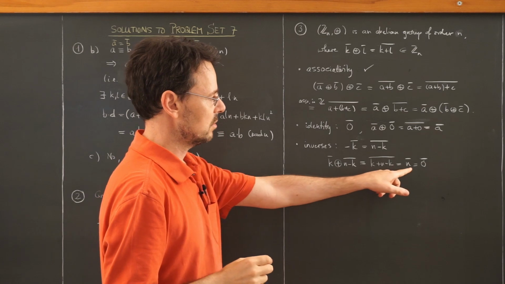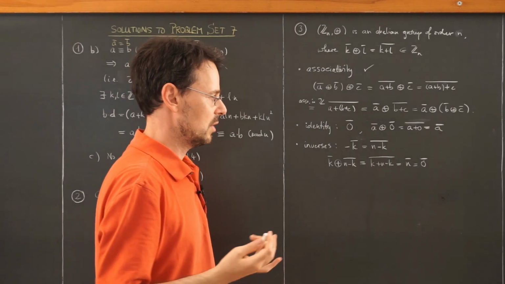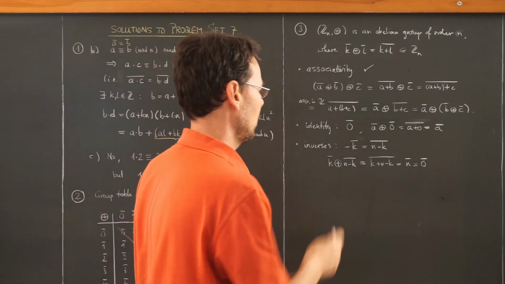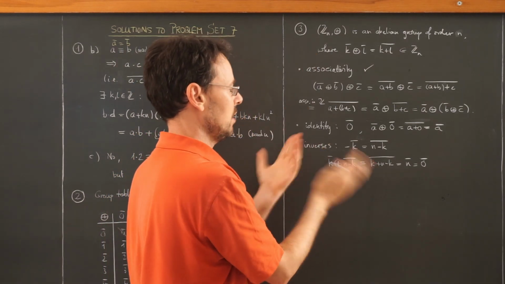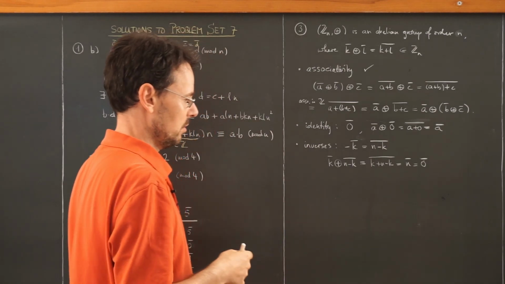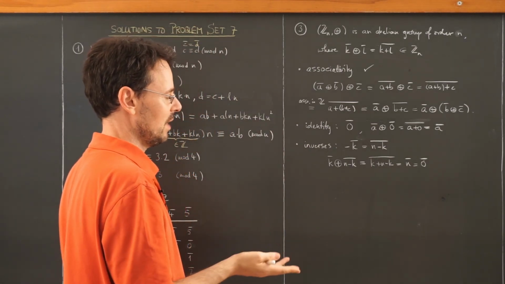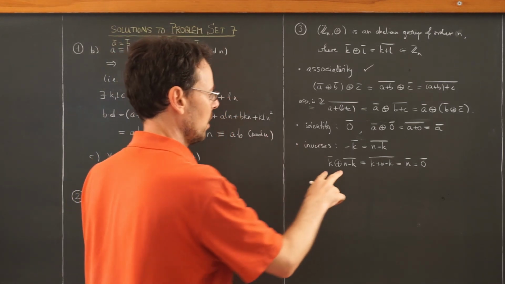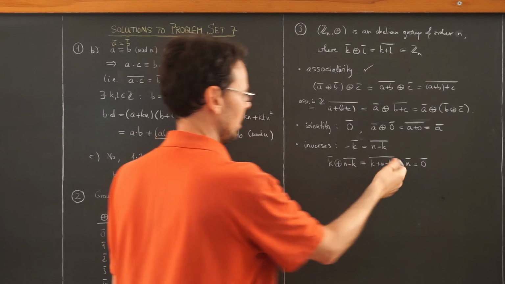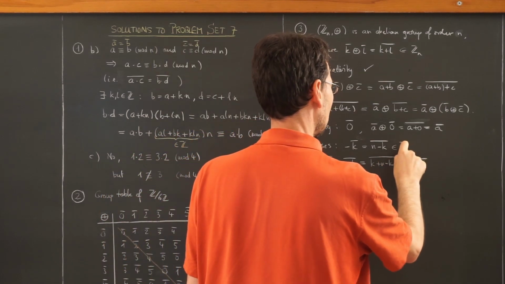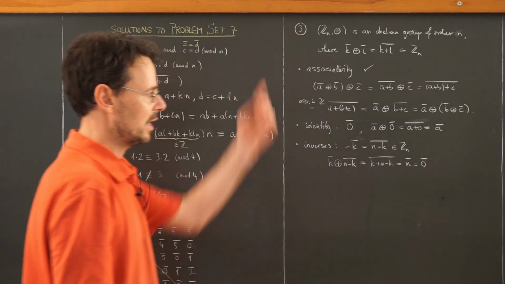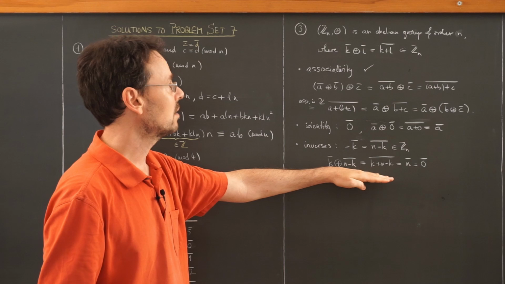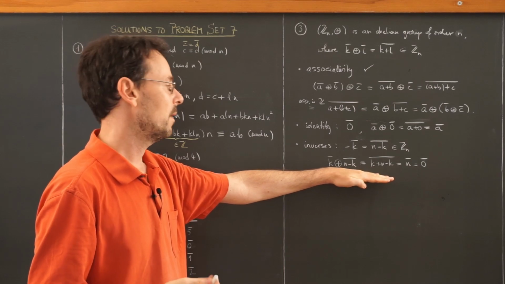K cancels, so we are left with the residue class of n, which is the residue class of 0 in Z mod nZ. So this is a right inverse, and by commutativity, which we will prove in a minute, also a left inverse, or by exercise xy, I don't know. So every element has an inverse. That obviously again lies in this set here. So we have proven that this here is actually a group.